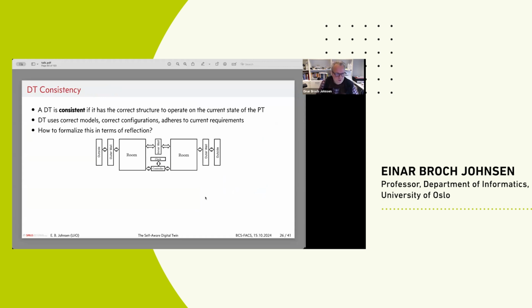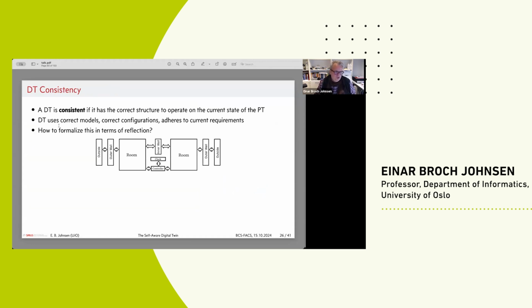Now, what does it mean for us to be consistent? It means that the digital twin has the correct structure to operate on the current state of the physical twin. So if the physical twin has changed, the digital twin needs to reconfigure so that it again mirrors the physical twin.